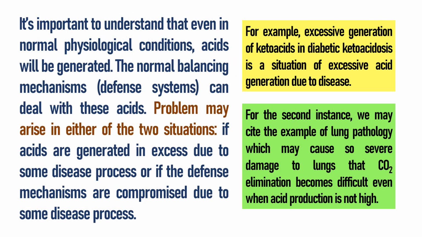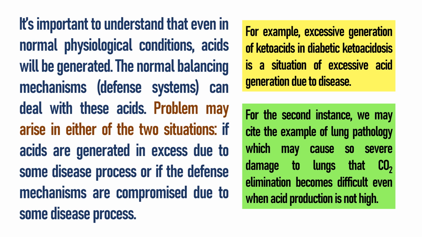It's important to understand that, even in normal physiological conditions, acids will be generated. The normal balancing mechanisms, or defense systems, can deal with these acids. Problem may arise in either of the 2 situations: if acids are generated in excess due to some disease process, or if the defense mechanisms are compromised due to some disease process. For example, excessive generation of ketoacids in diabetic ketoacidosis is a situation of excessive acid generation due to disease.